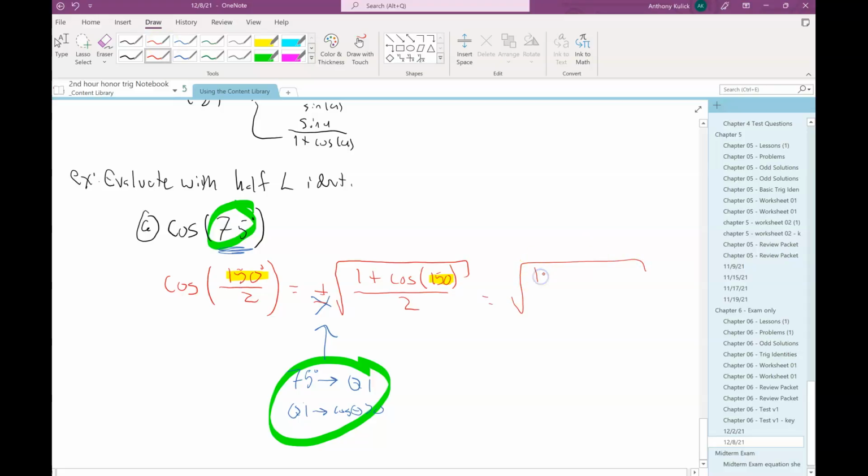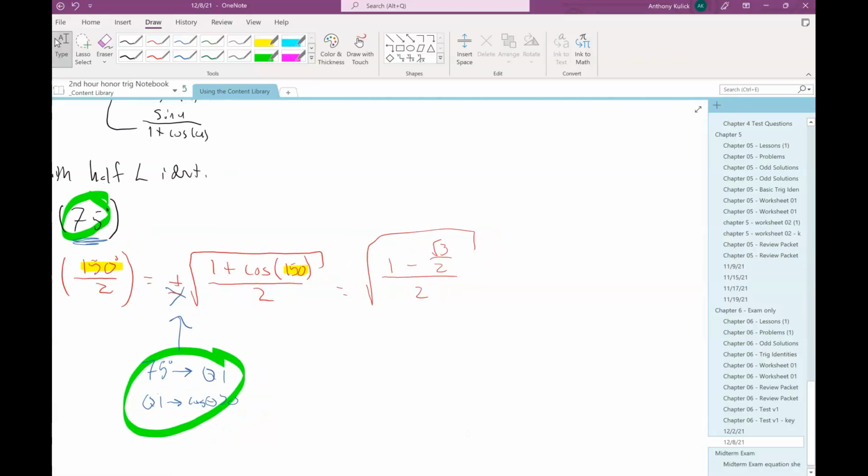So cosine of 150 degrees is negative root 3 over 2. That's a unit circle value. I could probably do a better job of writing that. Let's write it vertically. Everybody's good here? Do we like the way that answer looks?